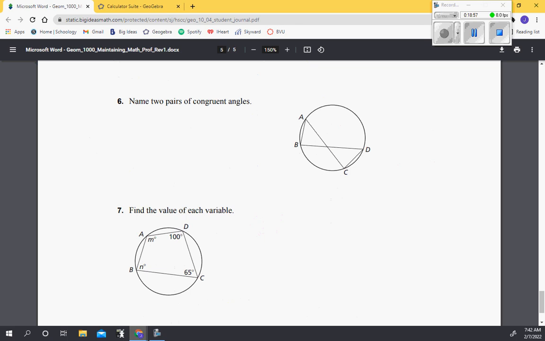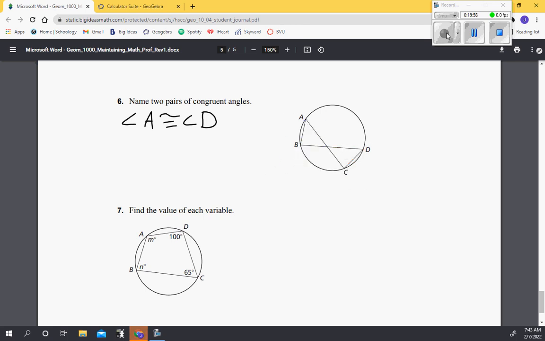This one says name two pairs of congruent angles. Really, it's what two angles have the same arcs. So I'm going to start with A. A goes to C, and it goes to B. Now there's another angle here that goes to C and goes to B, and that is angle D. Since all of these angles are just kind of solo, I'm going to say angle A is congruent, sorry, I didn't want to say approximately, I want to say congruent to angle D. Okay, because they both have BC as an arc.